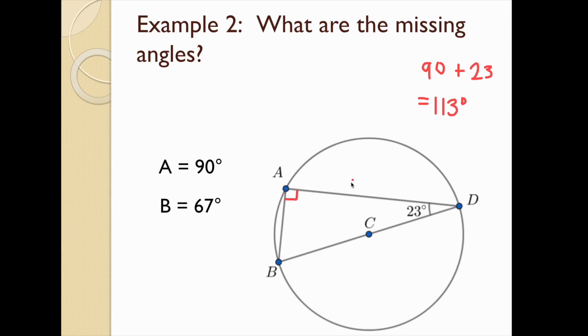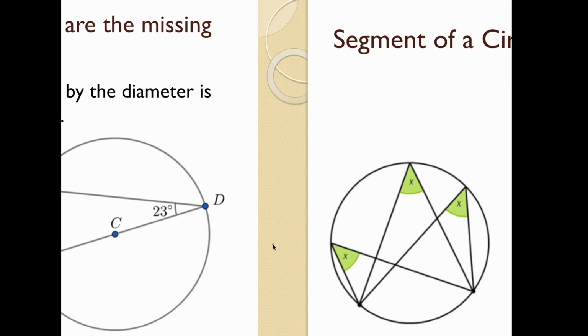Because all three angles add up to 180, we would say 180 minus 113, and that would give us 67 degrees. So here now has to be 67. Does that make sense? Yes. And we know this because the angle subtended by the diameter is equal to 90, and all angles in a triangle add up to 180.